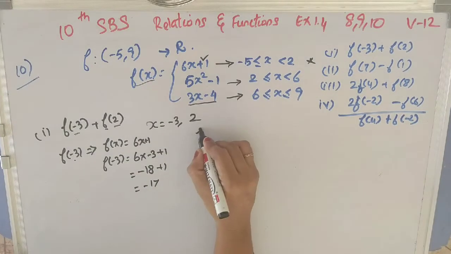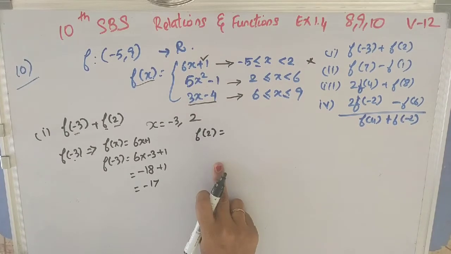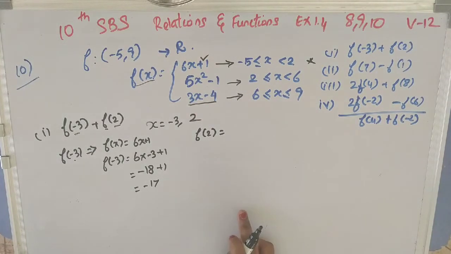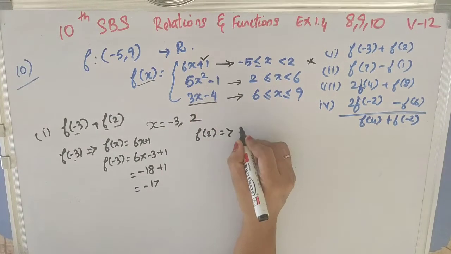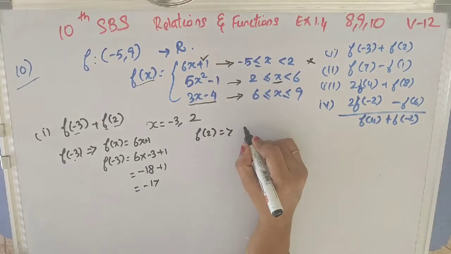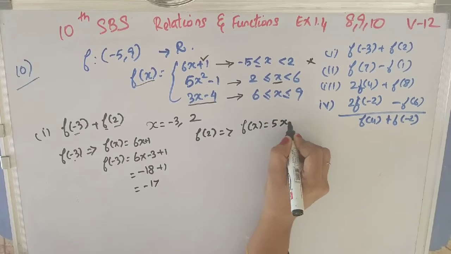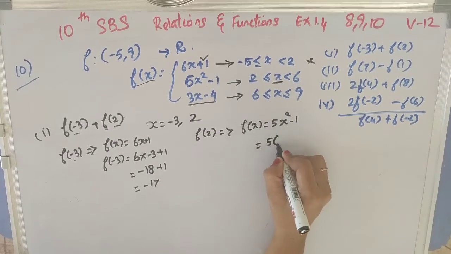Clear? Now we need to find f of 2. Here x is equal to 2. Where does 2 lie? 2 doesn't lie in 6x plus 1 because here x is less than 2, not less than or equal to 2. So we should choose f of x is equal to 5x squared minus 1, because here x is greater than or equal to 2.